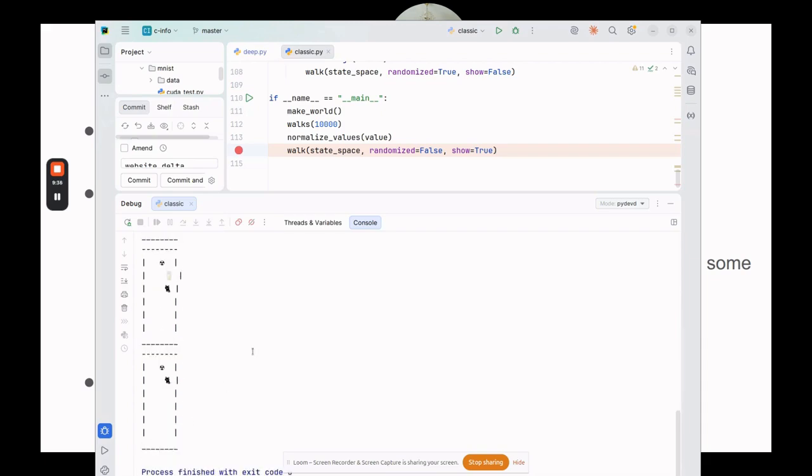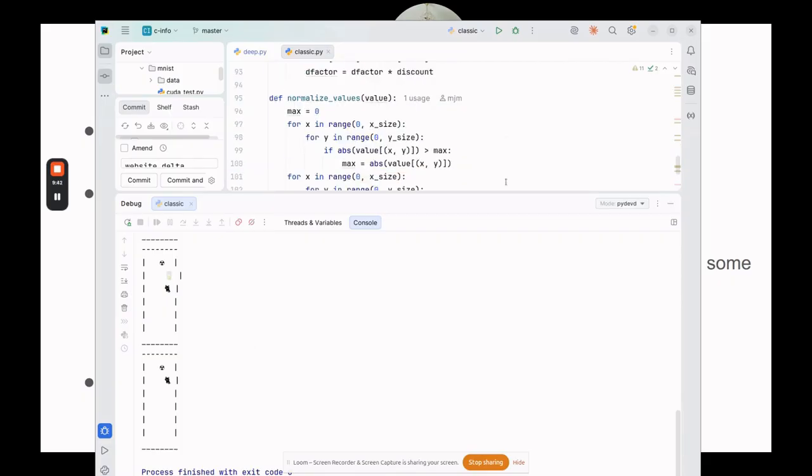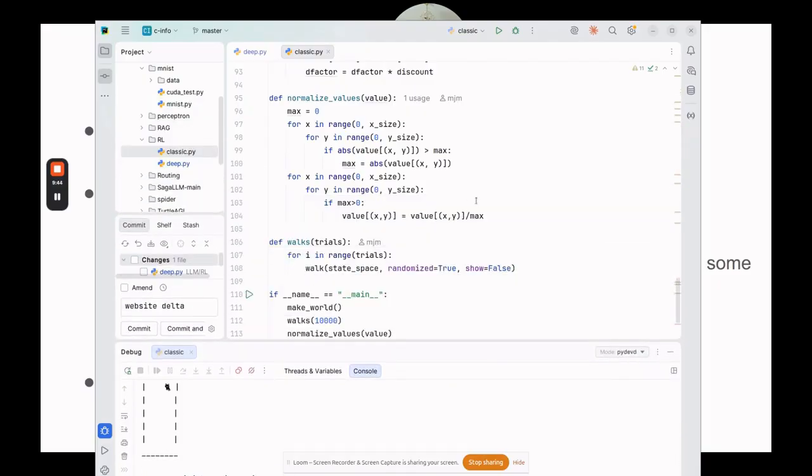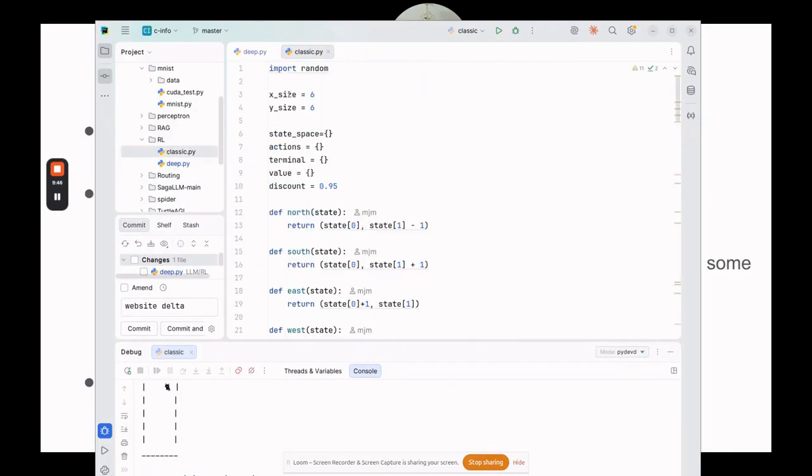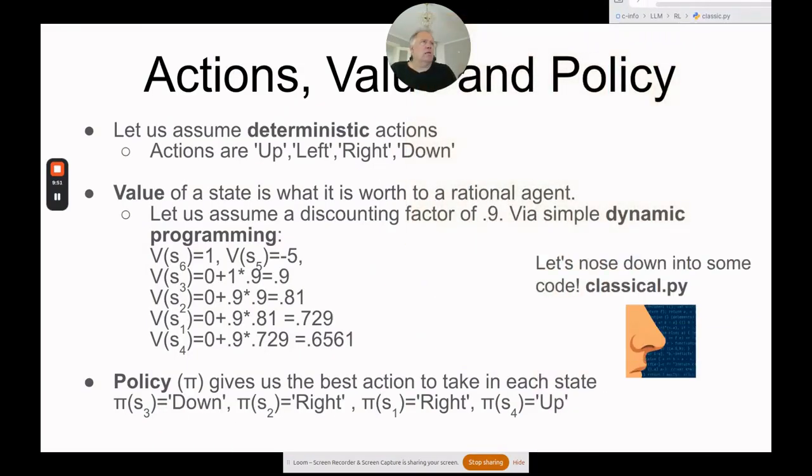So the policy that it's following is basically using the value to calculate the policy. Okay, so it's all in code. It's really simple. It's very, very easy to grok that code.